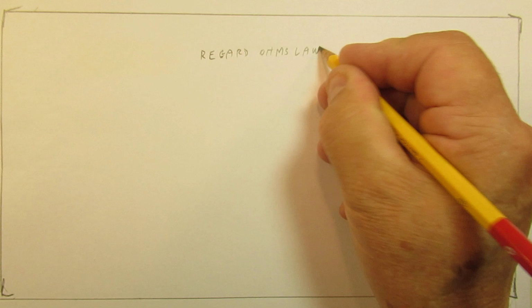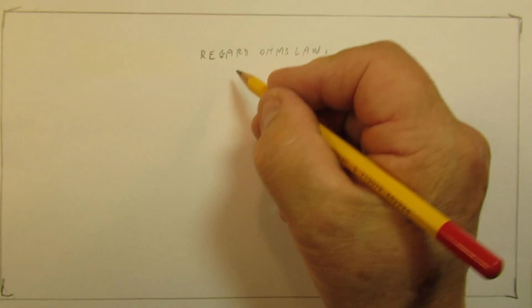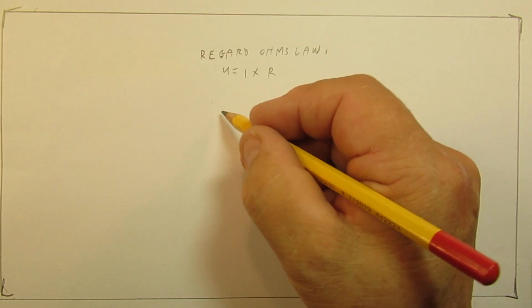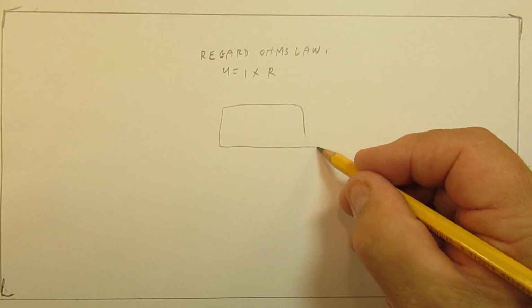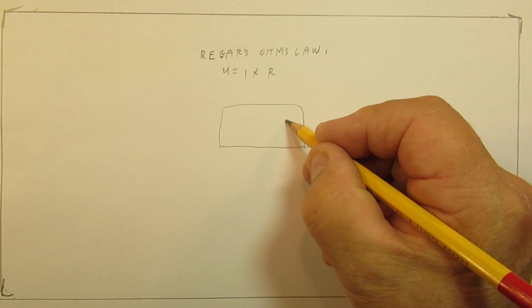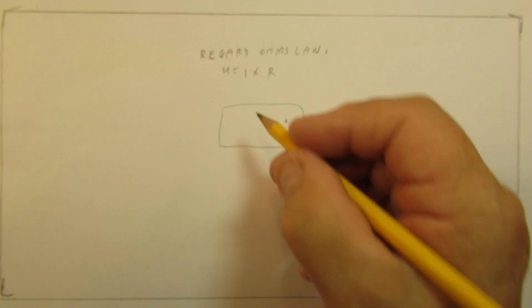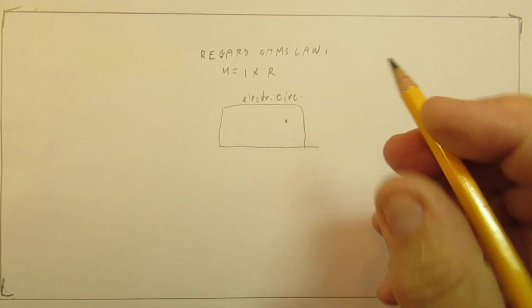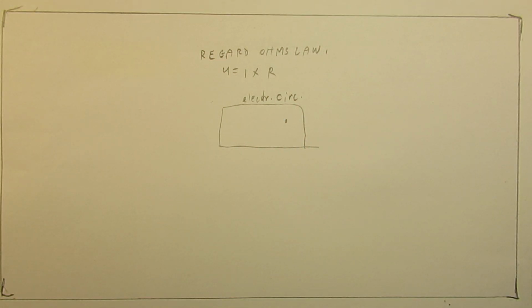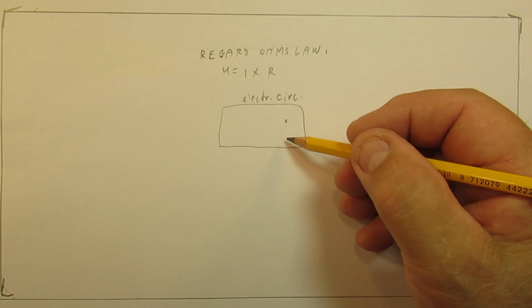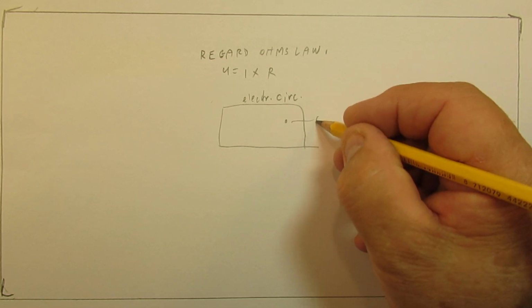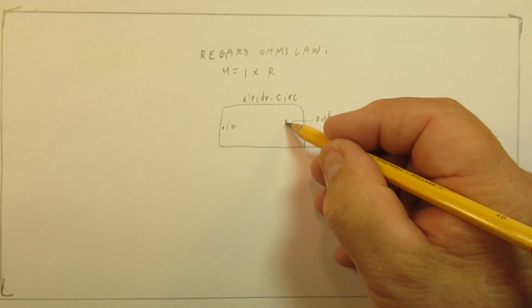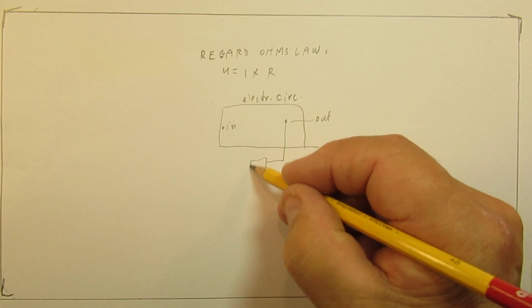Regard Ohm's Law. Important. Say you have a circuit somewhere, and there is a point here in that electronic circuit, and you want to send a signal back from the output to the input, and want to do that via a resistor.